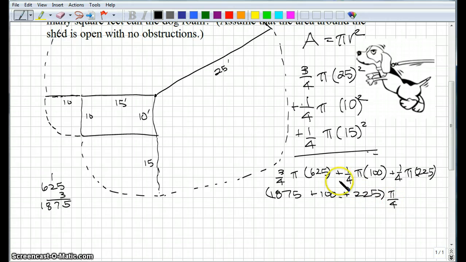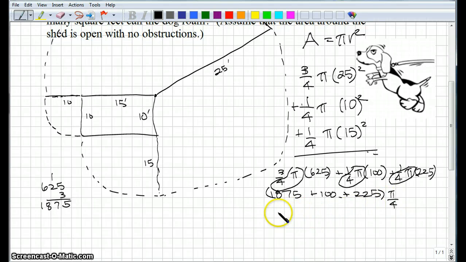You see how I got that? I'm essentially factoring out a common factor of pi over 4, trying to make the arithmetic easy here. So I've got this pi over 4 in all of these terms. If I take 3 times 625 plus 100 plus 225 and take it times pi over 4, that should give me my answer.